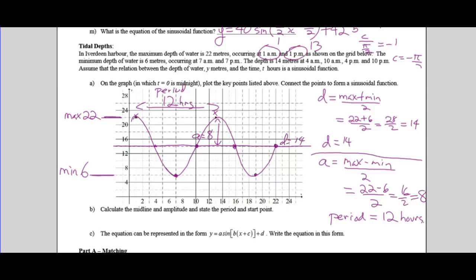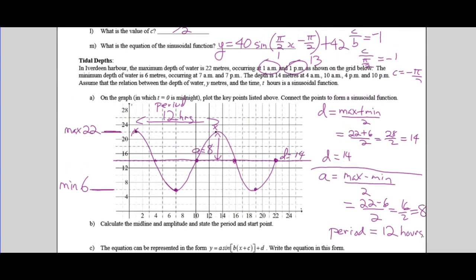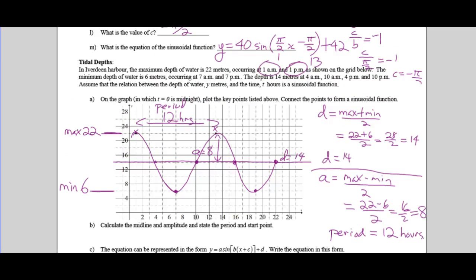I just don't understand how it's 12 because there's not a peak there. It's on 13. Okay, where does it start? Where's the first peak? If you look at your graph, where's the first peak? Oh, okay. How long does it take to get from the first peak to the second peak?